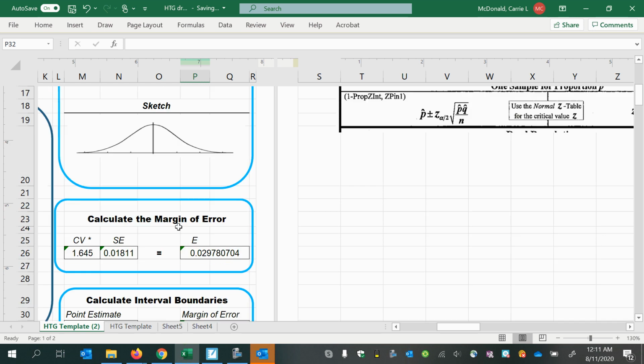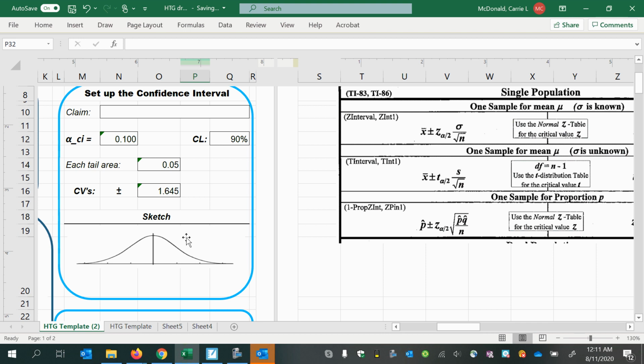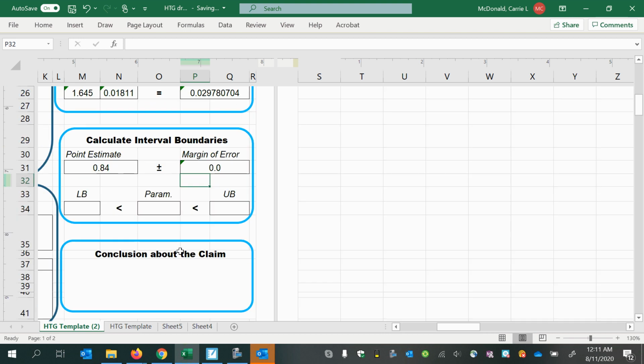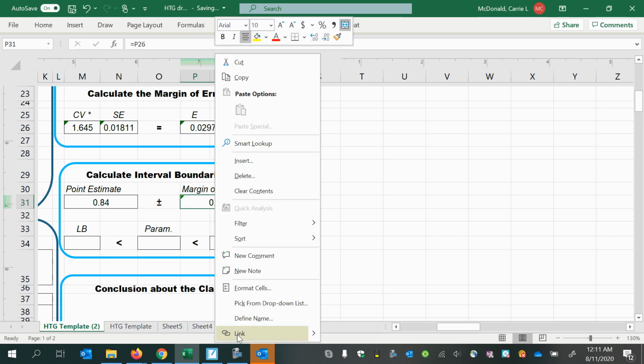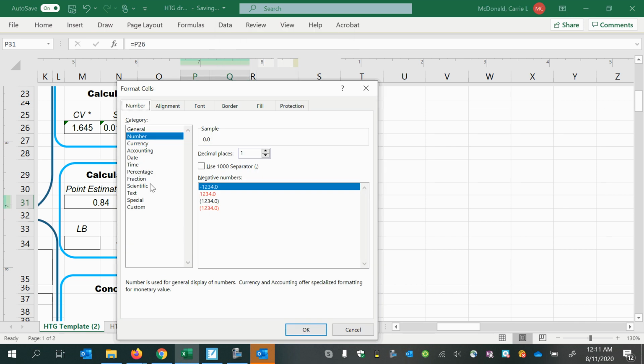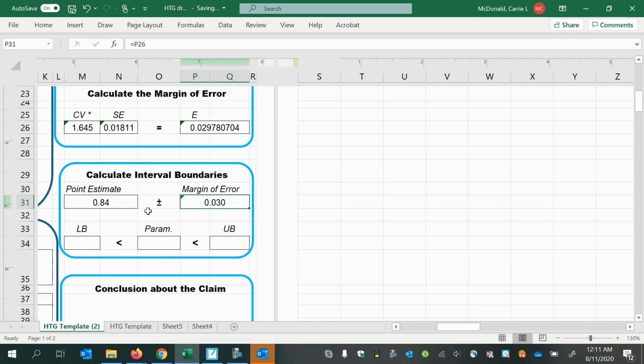We could say with 90% confidence, we believe the parameter will fall within this range. And it's interesting that we don't have enough decimals showing here, so let's put a few. Okay, now your parameter symbol is what you're estimating.